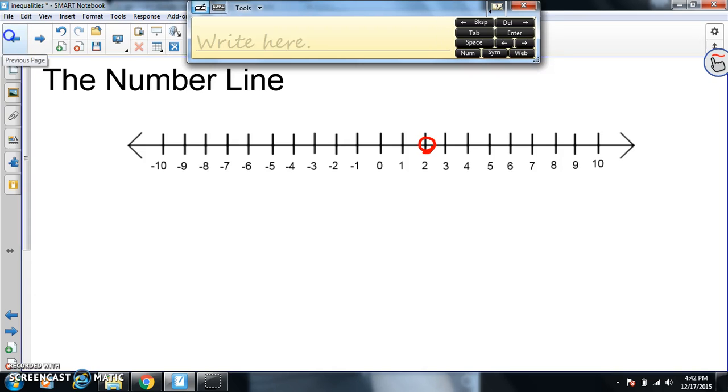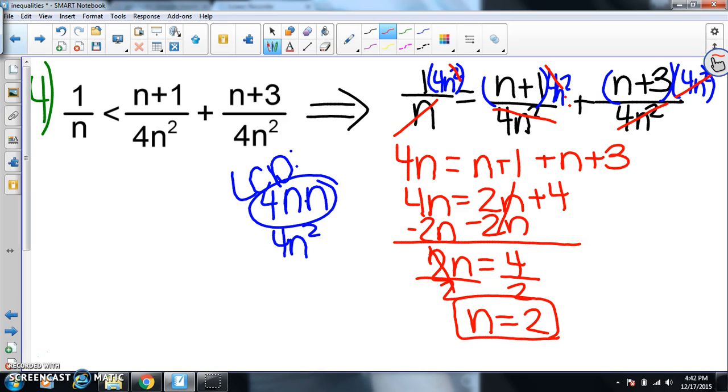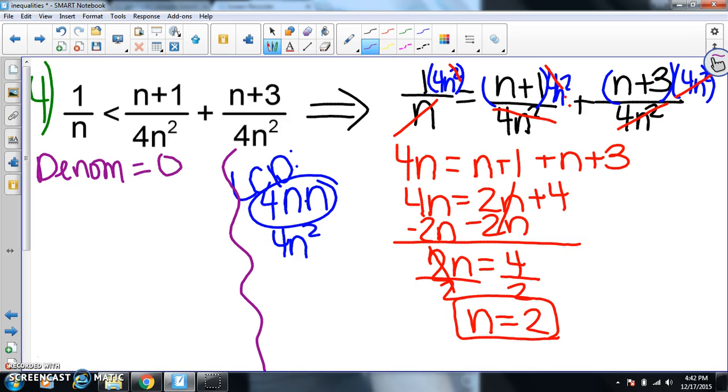Then I'm going to go back and find my extraneous solutions. So I'm going to write this in purple. And I have to set my denominator equal to 0. So if I set n equal to 0, my first extraneous solution would be n is equal to 0. Then just to double check, I don't have any other extraneous solutions.